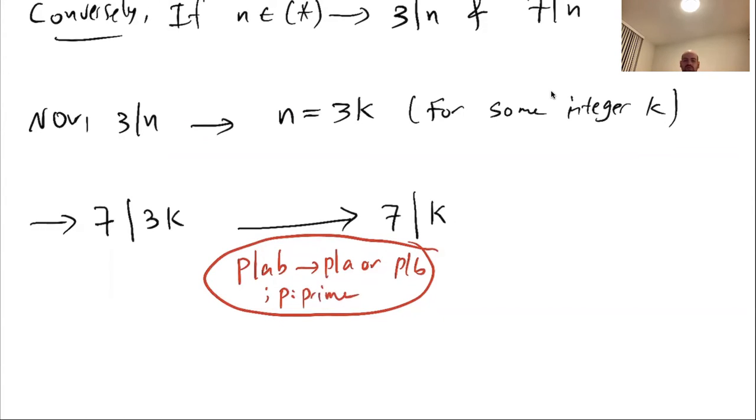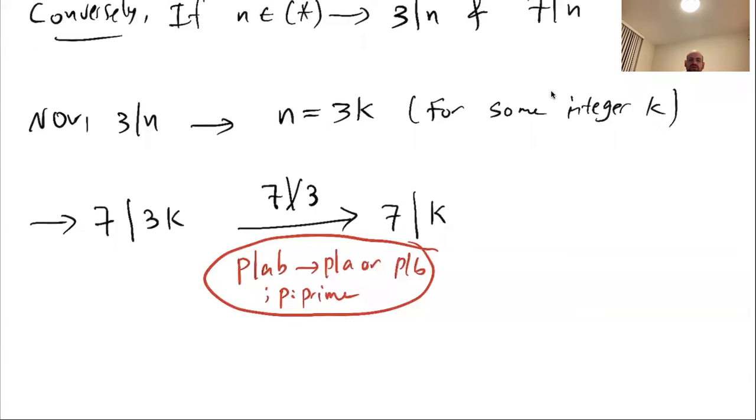So this is one of the most important and fundamental properties of prime numbers: if a prime number p divides ab, the product of two numbers, then either p divides a or p divides b. Here 7 divides 3 times k, and of course 7 does not divide 3, right? 7 is not a factor of 3.